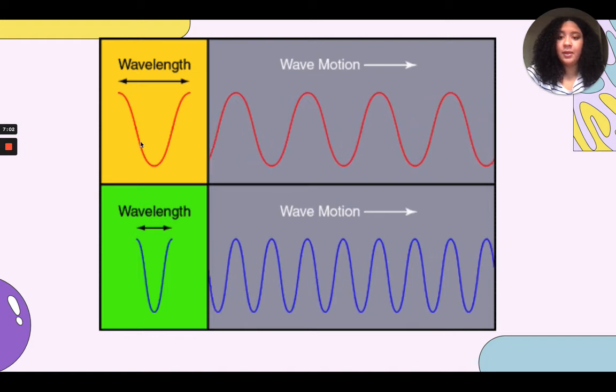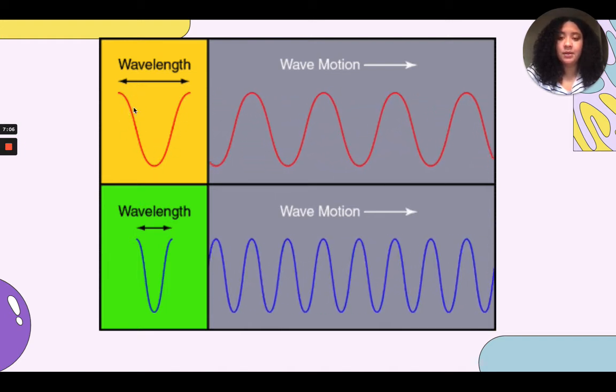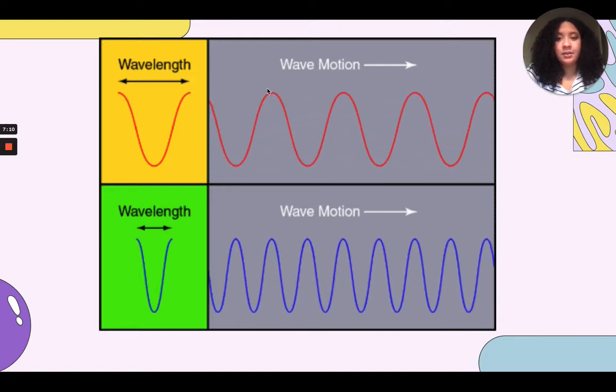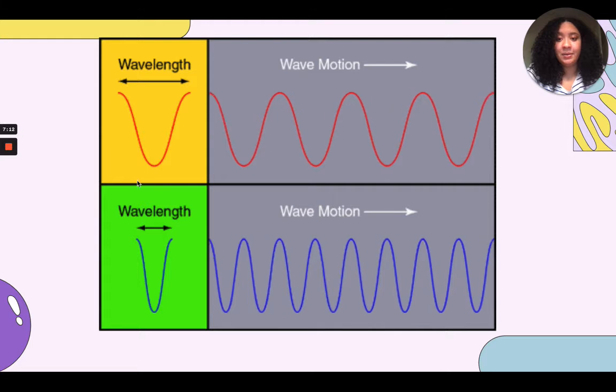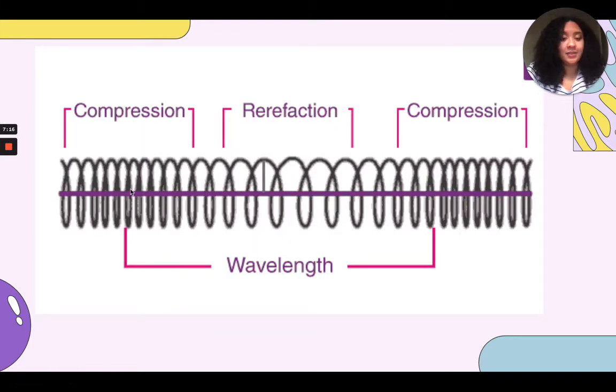Again, a wavelength would look like that in a transverse model, from the tippy top to the next tippy top. And this is showing a longitudinal wavelength: the compression, the tightly packed coils, to the next tightly packed coils. That's one wavelength.